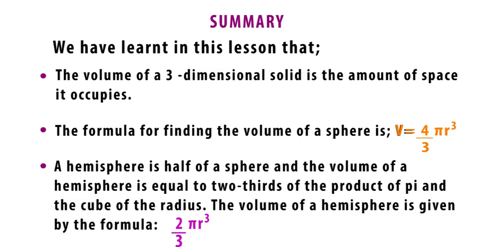We have also learned that a hemisphere is half of a sphere, and the volume of a hemisphere is equal to 2/3 of the product of pi and the cube of the radius. Also, the volume of a hemisphere is given by the formula 2 over 3 pi r cubed.